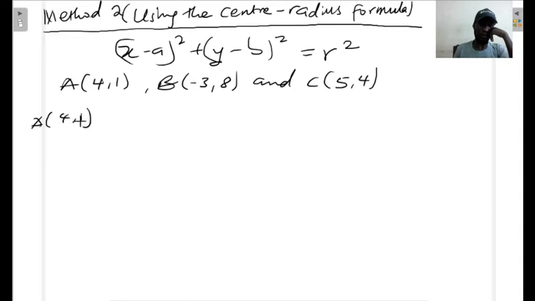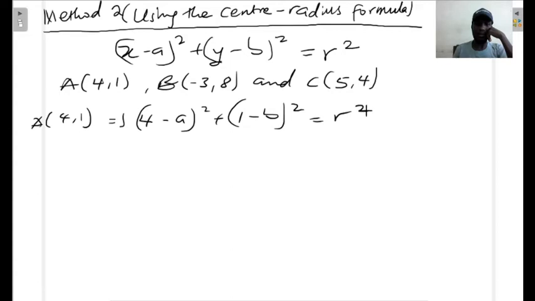4, 1. Our equation is going to be 4 minus a all squared plus 1 minus b all squared equals r squared. To expand this using binomial expansion, we are going to get 16 minus 8a plus a squared plus 1 minus 2b plus b squared equals r squared.